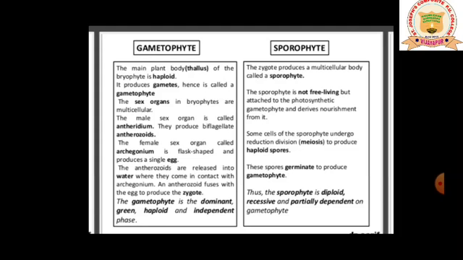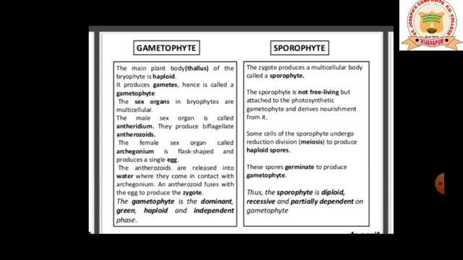Now the sporophyte is not free living but is attached to the photosynthetic gametophyte and derives nourishment from it. The male sex organ is called antheridium and produces flagellate antherozoids. The female sex organ is called archegonium, that is flask shaped and produces a single egg.